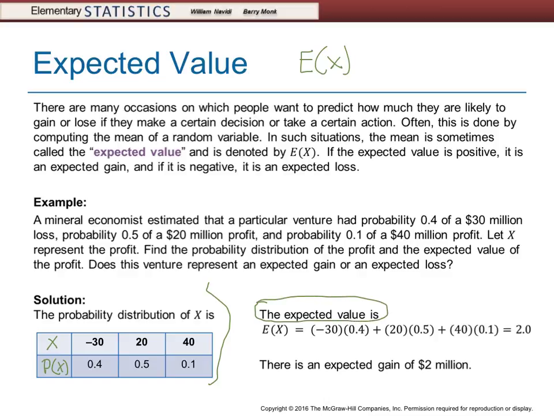We just multiply each value times its probability. So it's negative 30 times 0.4 plus 20 times 0.5 plus 40 times 0.1. It gives us $2 million gain. So there is an expected gain of $2 million.